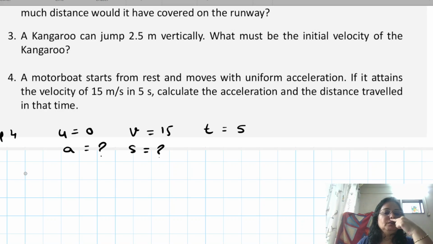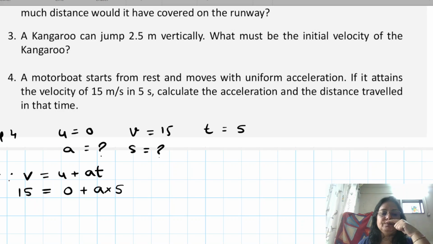So now we know that v is equal to u plus at, first equation of motion. So this is nothing but 15 is equal to 0 plus a into time t, which is 5. Therefore, a is equal to 3 meter per second square.